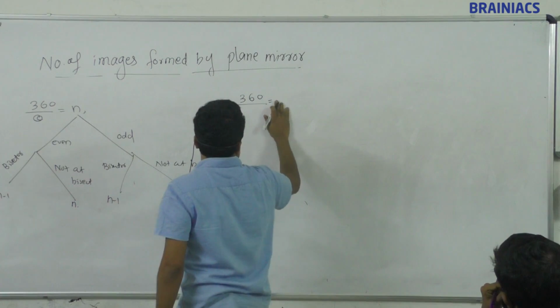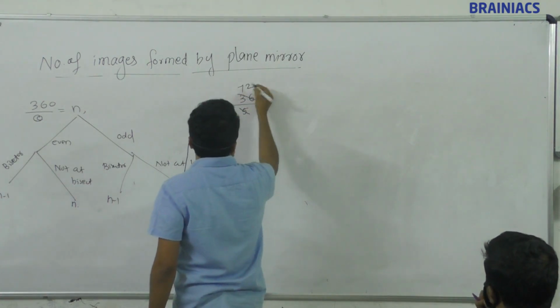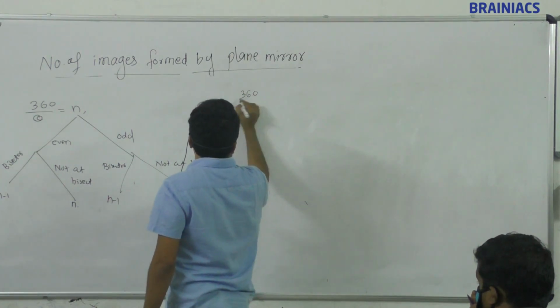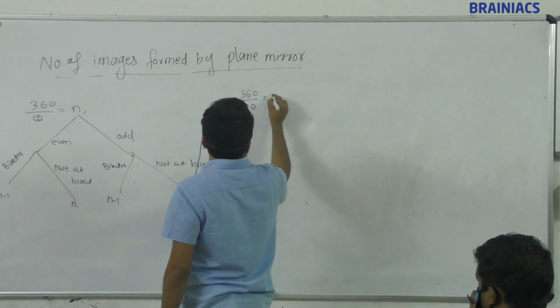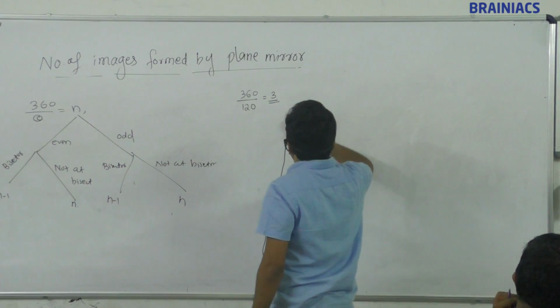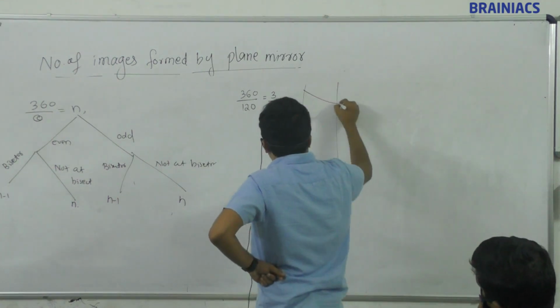So 360 divided by 120 degrees is how much? It will come 3. We know the two mirrors M1 and M2 are at 120 degrees. So the crisscross method applies.